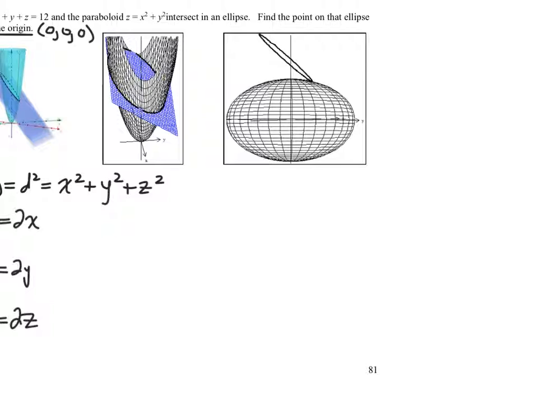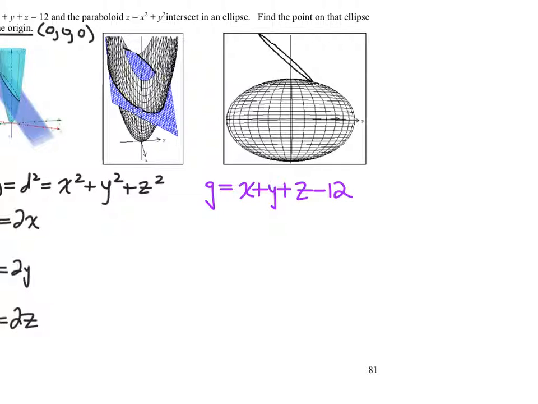So I have my two constraints, one of which I'll call G, and that's going to be x plus y plus z minus 12. And the other is going to be the paraboloid.